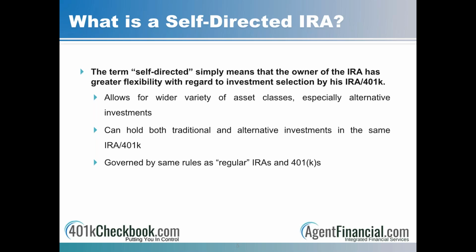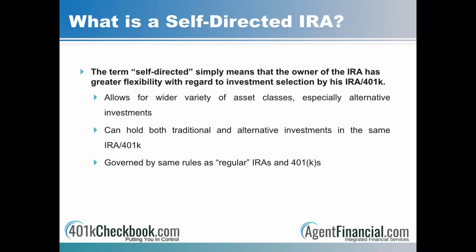Well, in fact, a self-directed IRA is not a different kind of IRA from the perspective of the tax code or the IRS. It just means that it's an IRA in which many of the artificial restrictions imposed by financial institutions are removed.